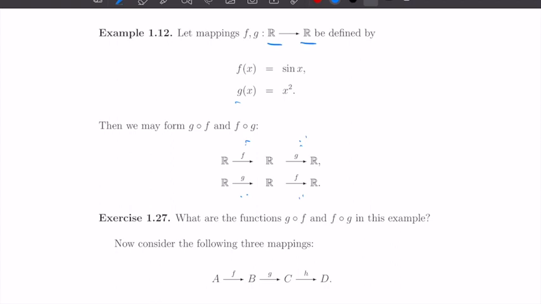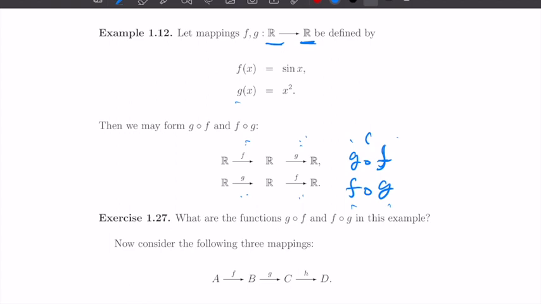So this will define g after f, and this will define f after g. Since the domain and codomains are the same set, we can define both.